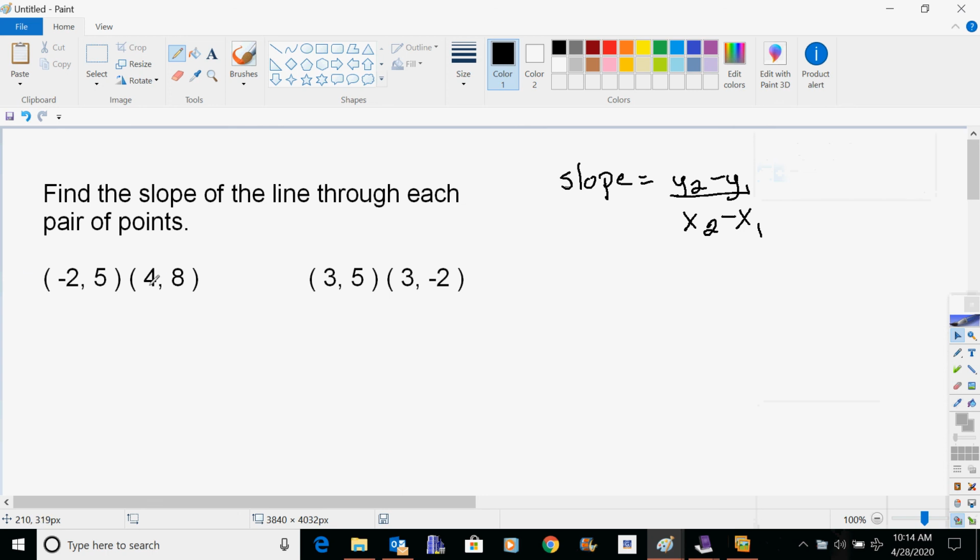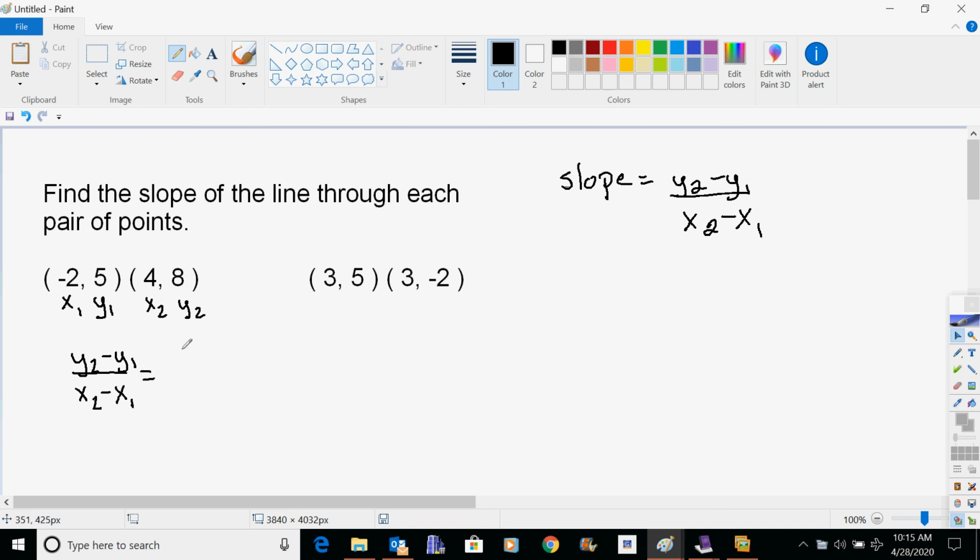So if you recall, when you have y2 minus y1 over x2 minus x1, your first step was to label them: x1, y1, x2, y2. Then use your formula, y2 minus y1 over x2 minus x1.